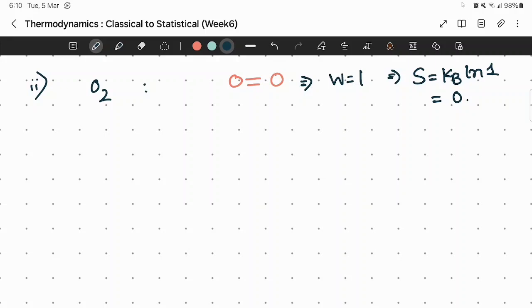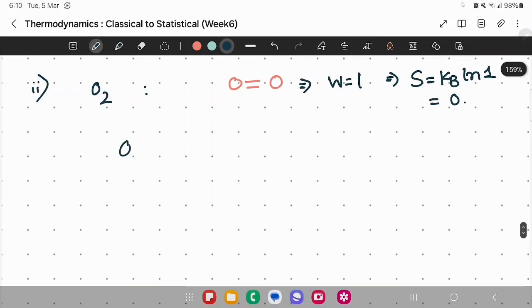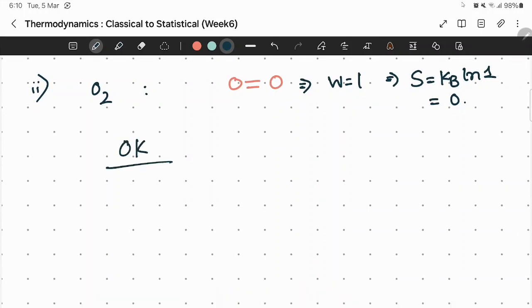Residual entropy means the entropy due to its existence. You can think like that, because at 0 Kelvin there is no translational energy, no rotation, no vibration. The entropy is just due to the existence of that species.